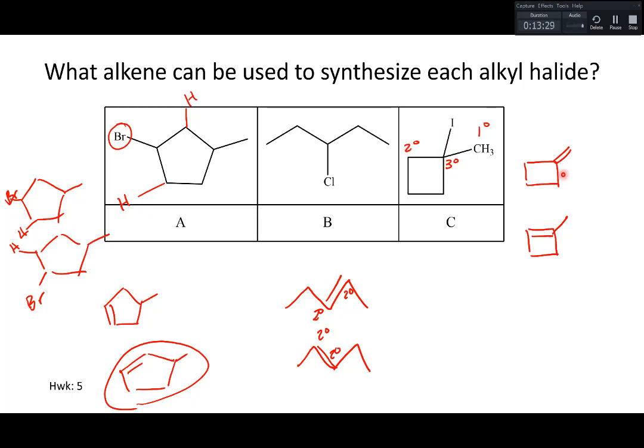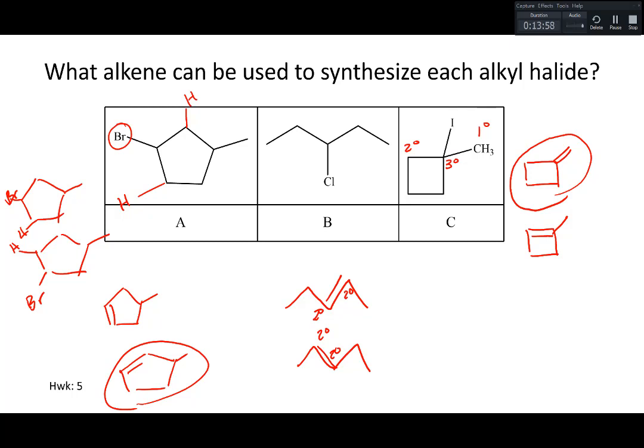Now, you can get this product by either this alkene on the bottom or this alkene at the top. Now, the alkene at the top is going to give us a better ratio because there's going to still be two products. Remember, this is regioselective and not regiospecific. So it's going to give us two products no matter what.